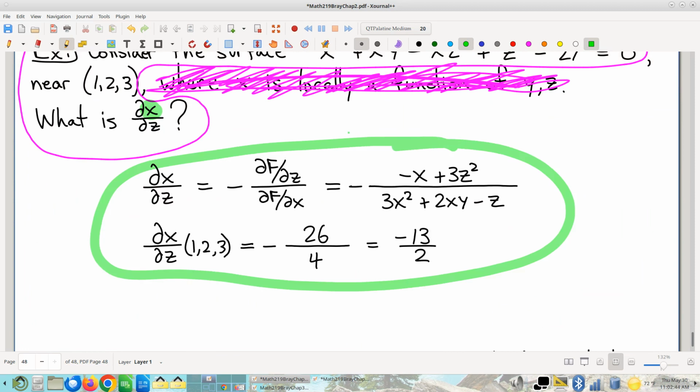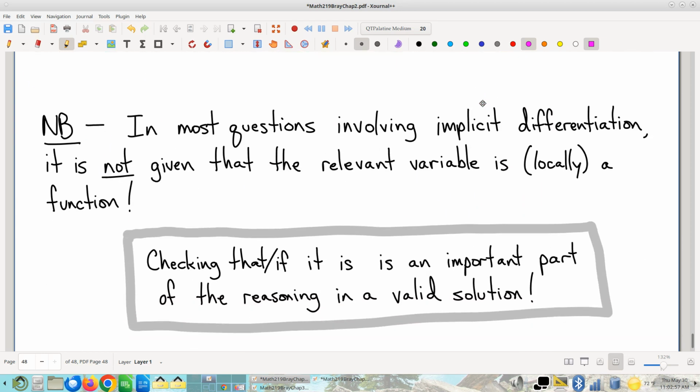That's what you should expect on any question, unless, in the rare circumstance, it happens to be given. That's weird and unlikely and unnatural. So make sure you include both parts.